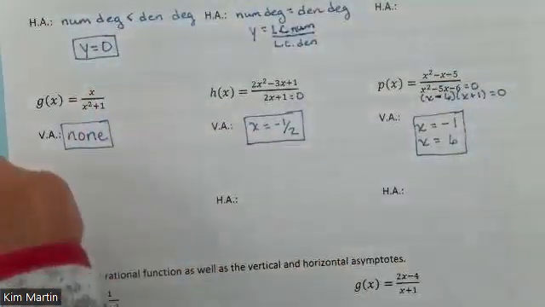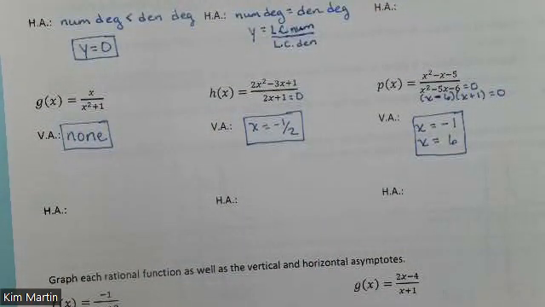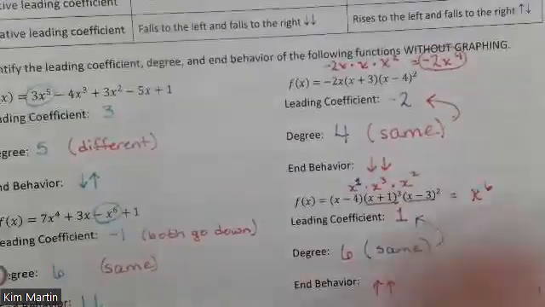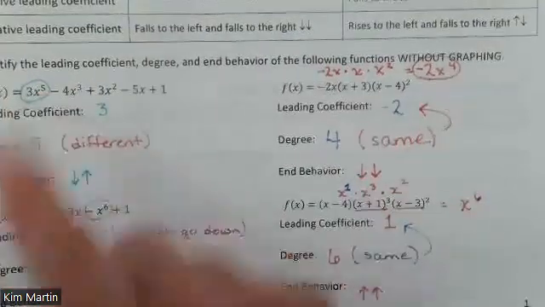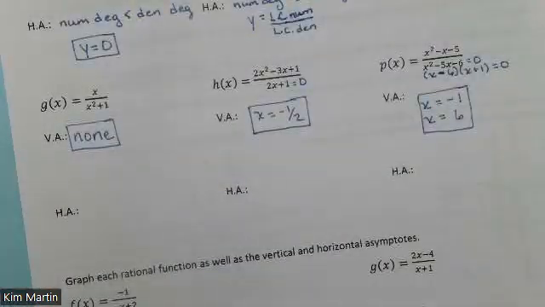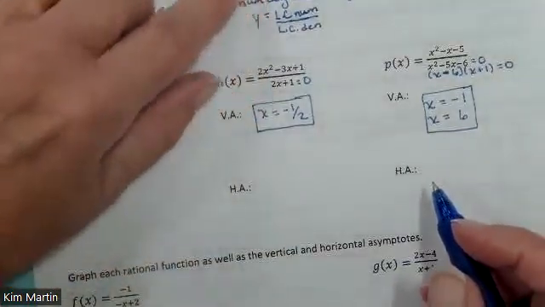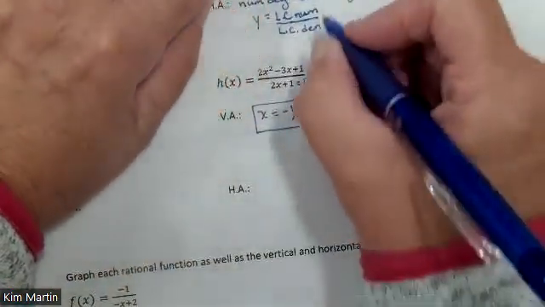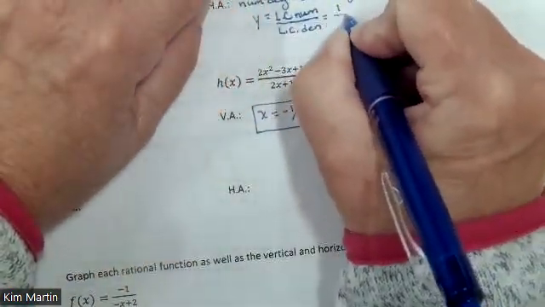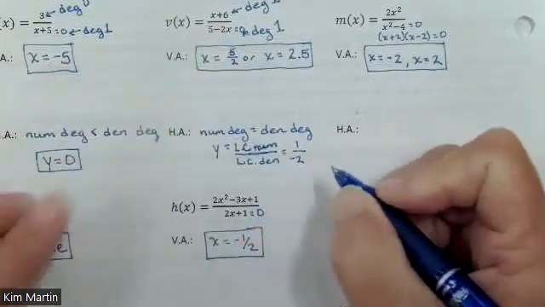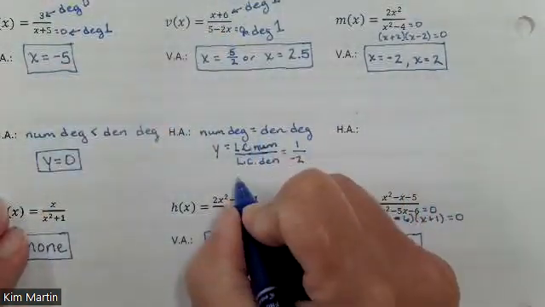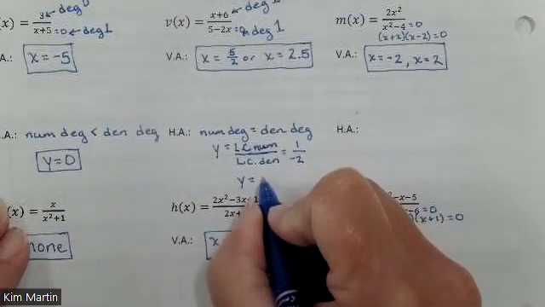We dealt with it in homework 14. It's the same thing. This was a -1. The leading coefficient here was 3. So the leading coefficient right here of x is 1. The leading coefficient down here is -2. So we now have a horizontal asymptote at -1/2.